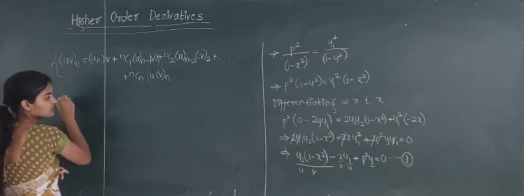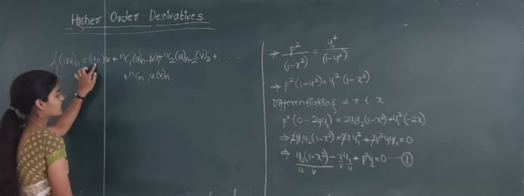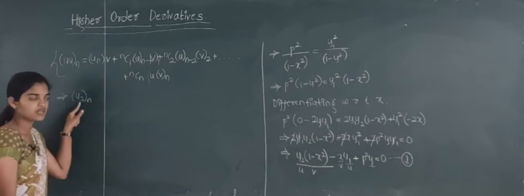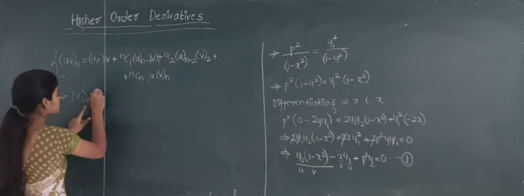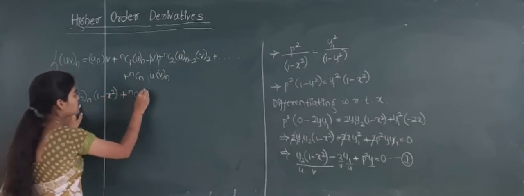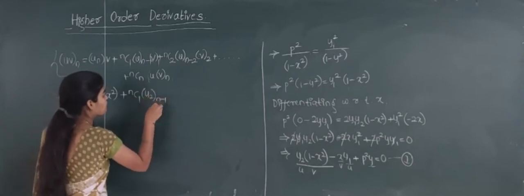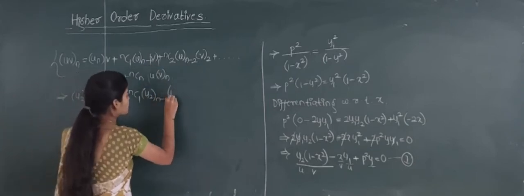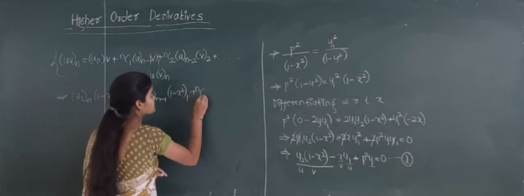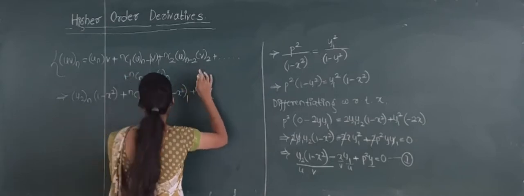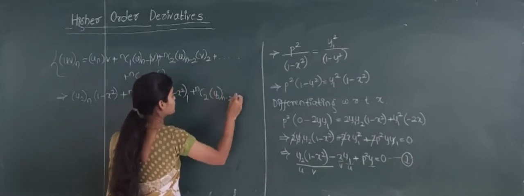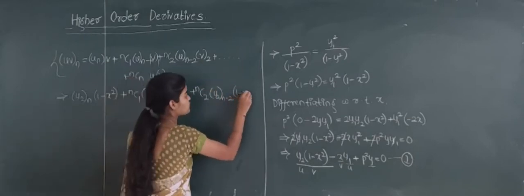That implies, first, the nth derivative of u. In the first term I have considered u as y2, so its nth derivative times v, which is 1 minus x square, plus nC1, n minus 1th derivative of y2, first derivative of v, that is the first derivative of 1 minus x square, plus nC2, n minus 2th derivative of y2, and v2 is the second derivative of 1 minus x square.